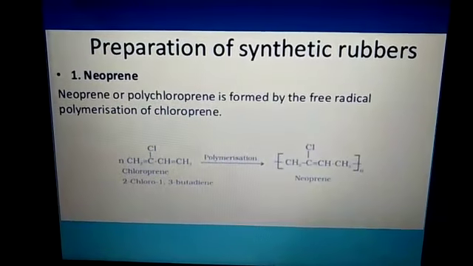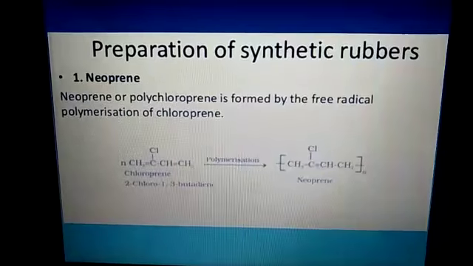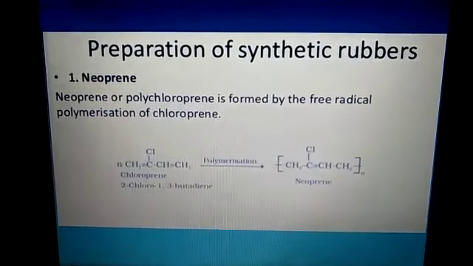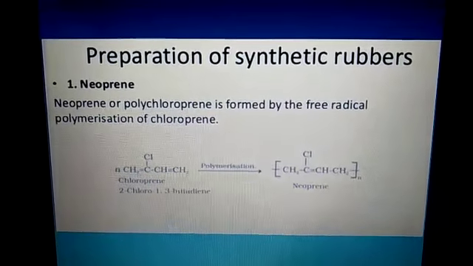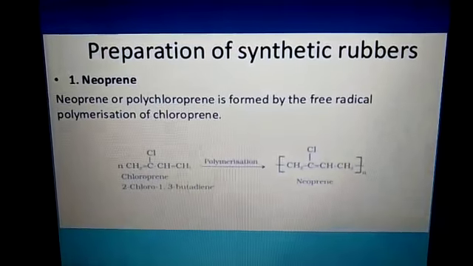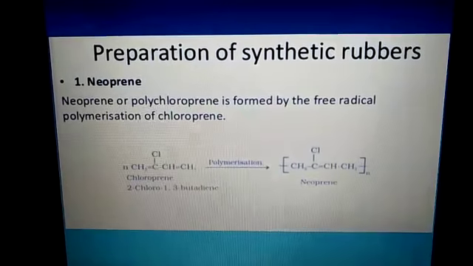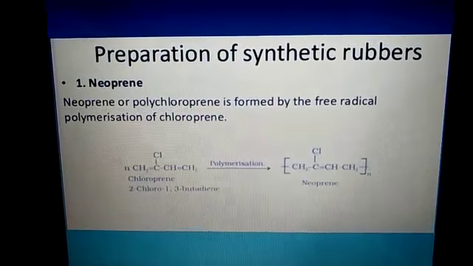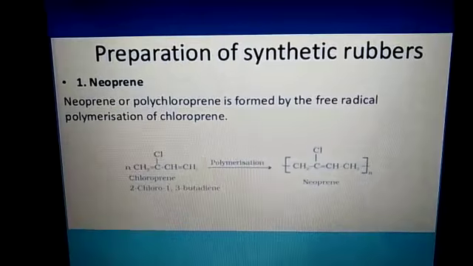Neoprene is inferior to natural rubber in some properties but superior in its stability to aerial oxidation. It has resistance to vegetable or mineral oil and is therefore used in manufacture of gaskets, shoe heels and stoppers, etc.